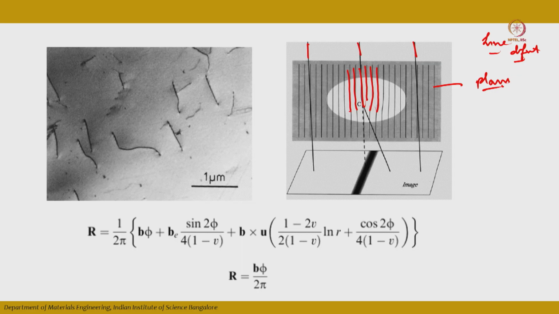Okay, so there is a bending of planes. At the core of the dislocation, the lattice is bent severely, and the extent of bending decreases as we move away.